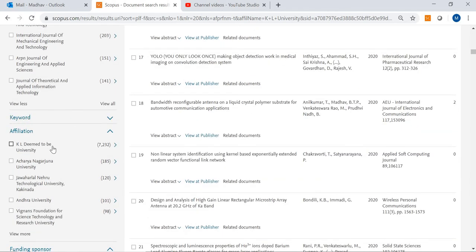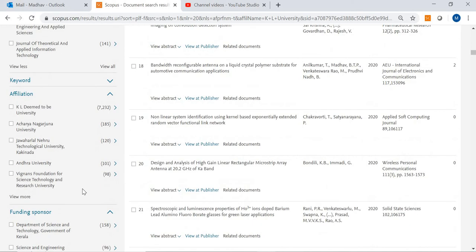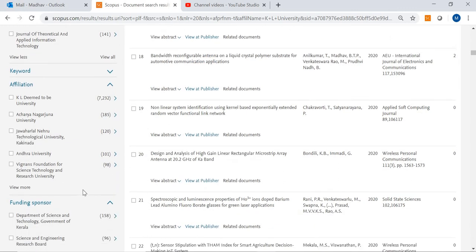With KL University affiliation, some collaborative work is also done. That means a person from KL University and a person from Acharya Nagarjuna University published a paper. So with Acharya Nagarjuna University affiliation how many papers are there, with JNTU how many, with other institutes in how many papers the collaboration is there, that also we can see.